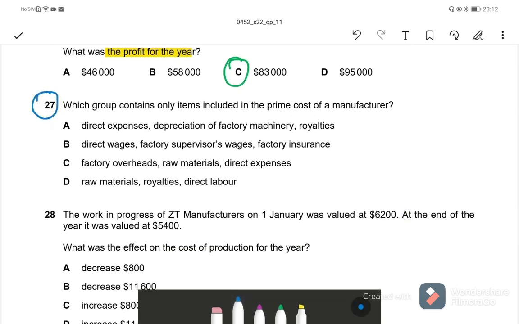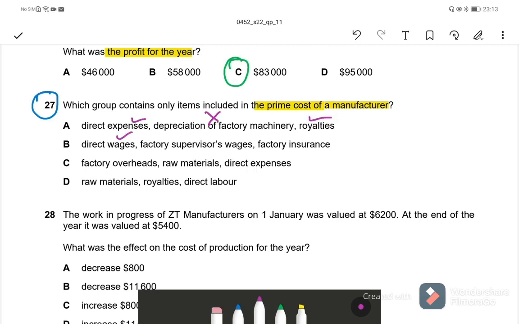27. Which group includes the prime cost of a manufacturer? Here direct expense, depreciation, it's not prime cost, prime cost means all the direct expenses. Depreciation is an overhead, royalty. So this is not the correct answer.